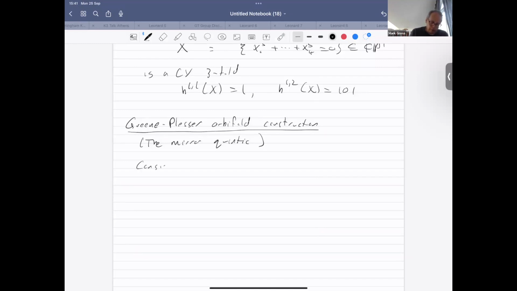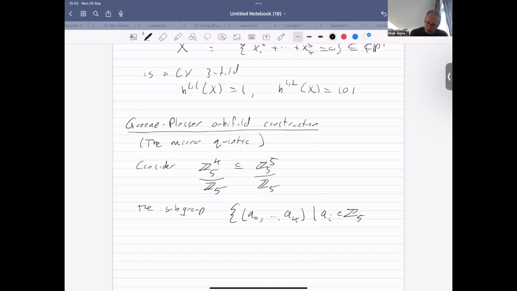So consider the subgroup Z5 cubed sitting inside, or maybe I should write this as Z5 to the fourth, mod Z5, sitting inside Z5 to the fifth, mod Z5. So here, this is the subgroup consisting of tuples A0 through A4 with Ai in Z5 and summation Ai equal to 0.